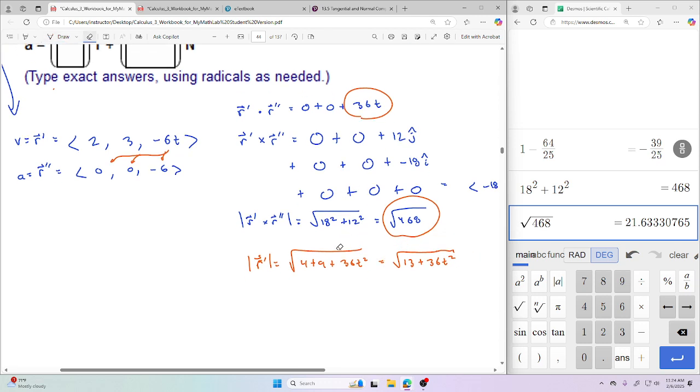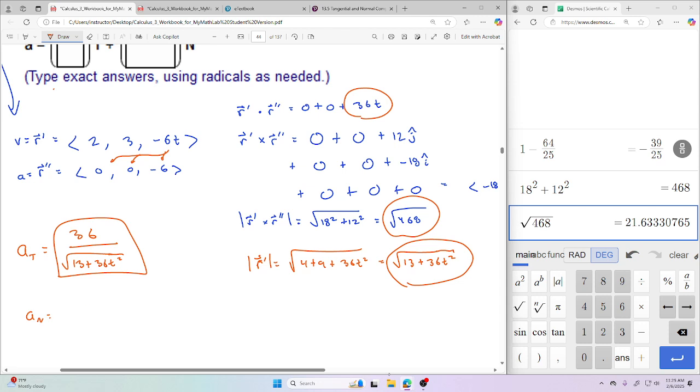Very good. Okay, so I like circling because we're going to use those as components. Again, that one had a t, so be it. So my a sub t is going to be the 36t divided by that stuff. And if there was a way to simplify, I would try, but I don't see it.